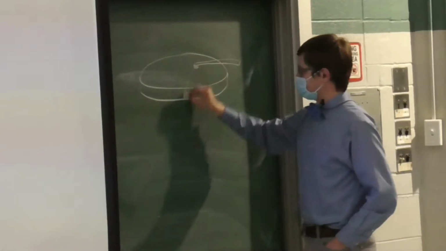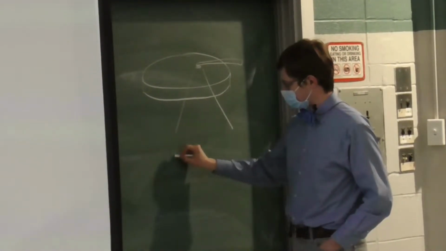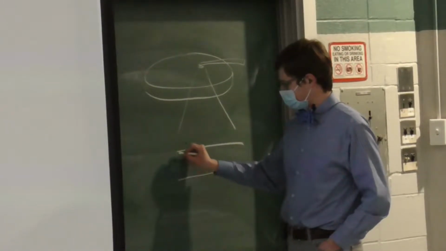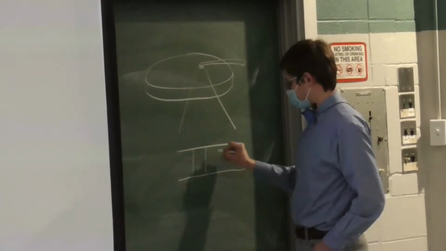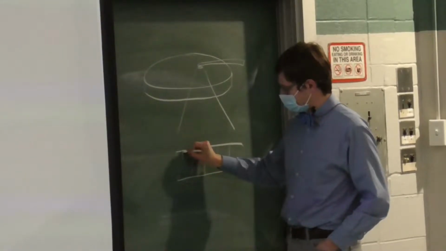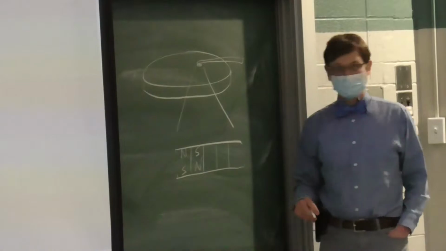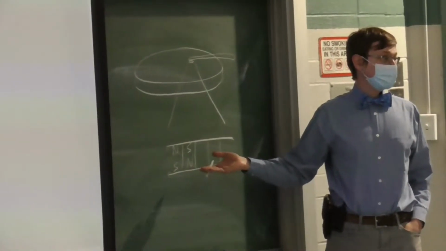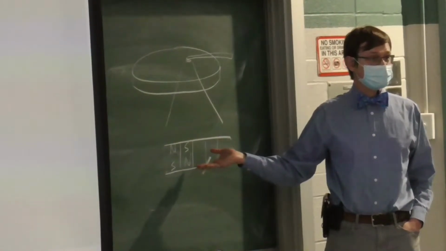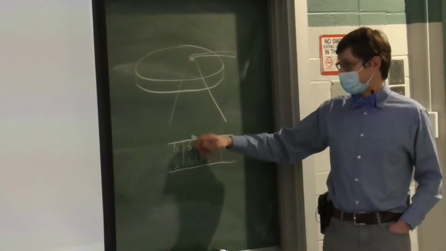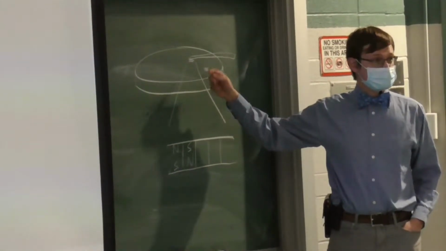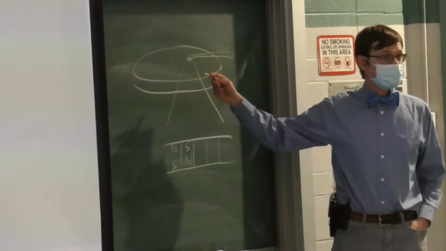If you were to zoom in on this, you would have a sequence of cells that are either in north-south or south-north orientation. You can actually detect whether they're in north-south or south-north orientation by whether or not they attract or repel a similar or opposite magnetic polarity.